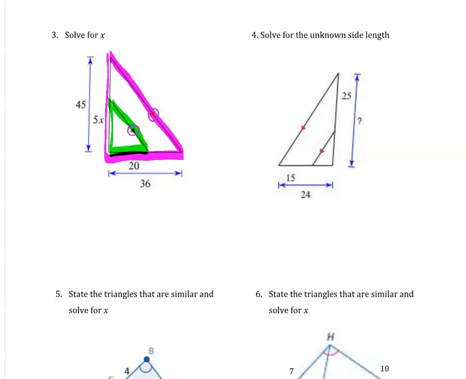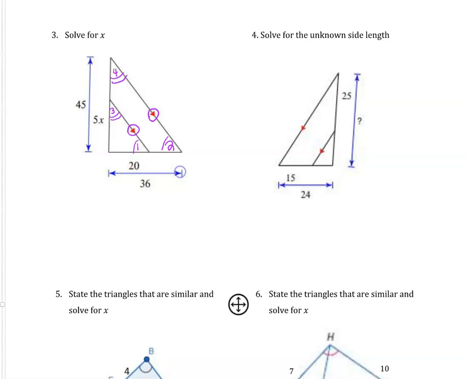Now again, this is the case because these triangles are similar. I'm actually going to get rid of those little pictures right there. I know they're similar because if these sides are parallel, then that means angle 1 is congruent to angle 2, angle 3 is congruent to angle 4, because each of those are corresponding angles. Okay, if two parallel lines are cut by a transversal, corresponding angles are congruent.